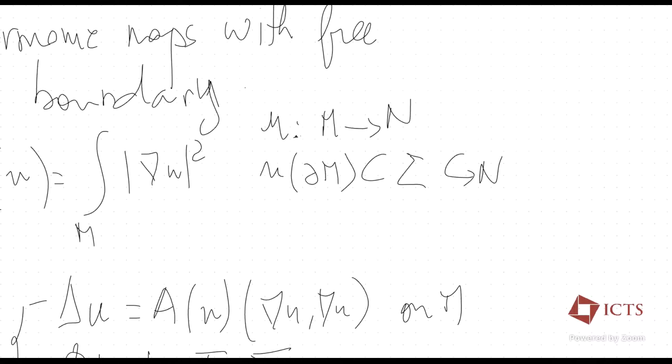But this projection is well defined if and only if you are already close enough to the manifold. If the energy is small enough, you can prove by just a Poincaré inequality that this smooth map will be close enough to N, will belong to the tubular neighborhood of N, for which the projection map is well defined. So then you can project this map.